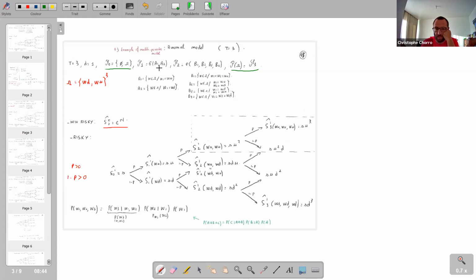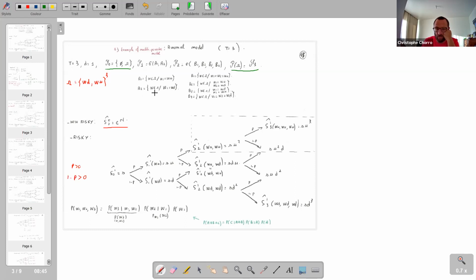And what are these two sets and these four sets? A1 is the set where I know F1, the information I have at time t equal 1. A1 is the set of the triples, the elements in omega, such that the first component is WU. It means that you know what happened at the first step, because the first component is WU.